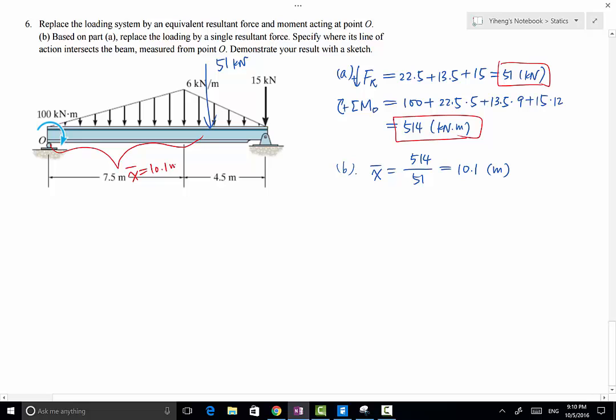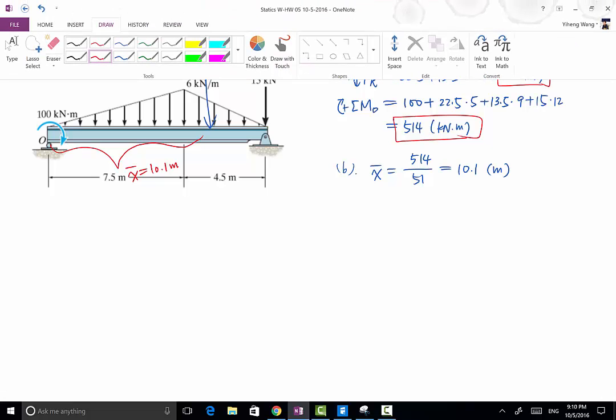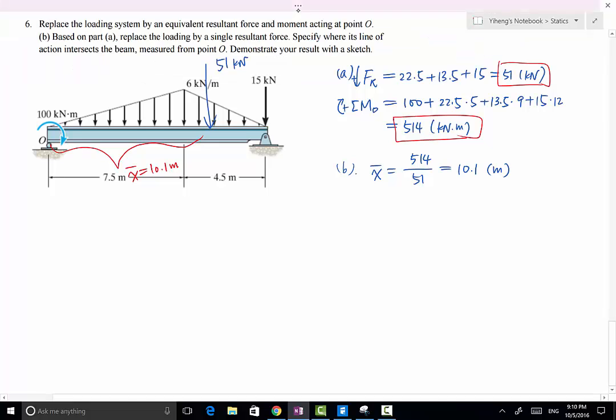This way, we have successfully replaced the original multiple force system, including distributed load, concentrated force and couple moment, by a single 51 kilonewton force, placed at this specific location so that it is equivalent to the original system.